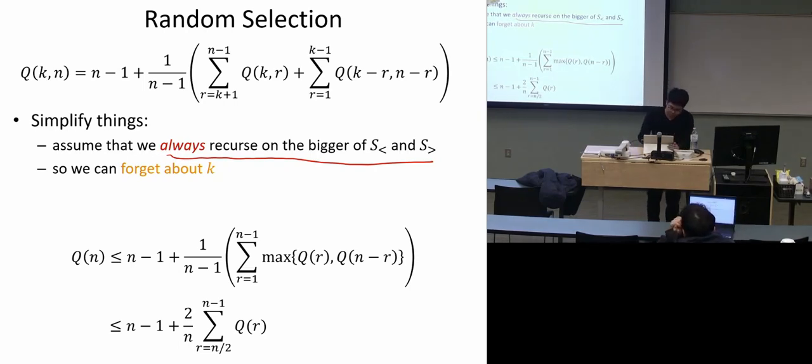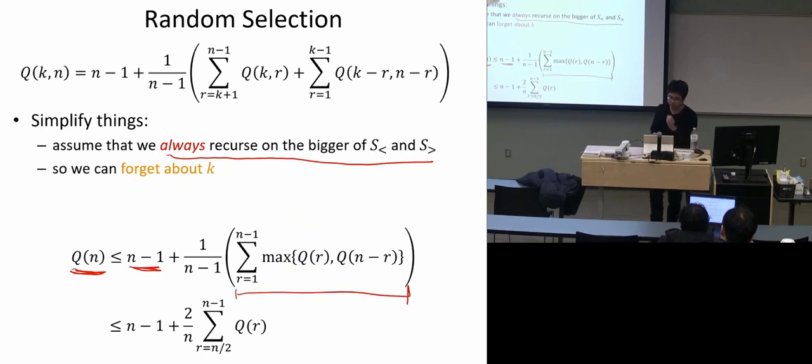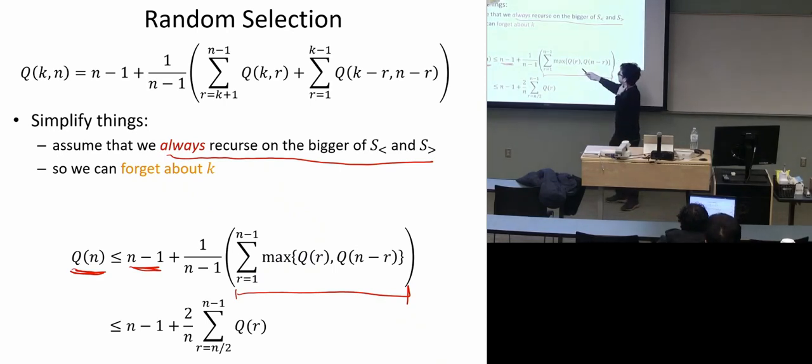Now let q of n be the expected number of comparisons of this process where you do the same thing, you pick a random element, but now you always recurse on the bigger side. So you have the same number of comparisons here, but in the sum, what happens is that you take the maximum of this term because you go to the larger side.